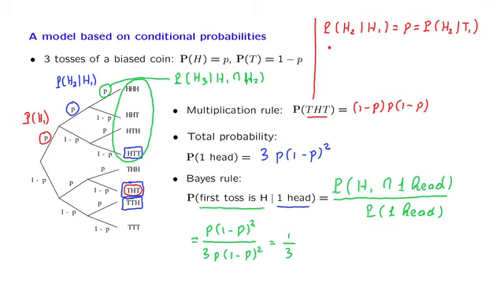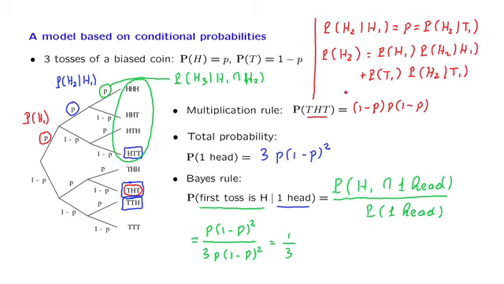Telling you the result of the first toss doesn't change your beliefs about what may happen, and with what probability, in the second toss. And if you were to calculate the unconditional probability of heads in the second toss using the total probability theorem, it would be the probability of heads in the first toss times the probability of heads in the second given heads in the first, plus the probability of tails in the first toss times the probability of heads in the second toss given tails in the first. And if you do the algebra, this turns out to be equal to p again.